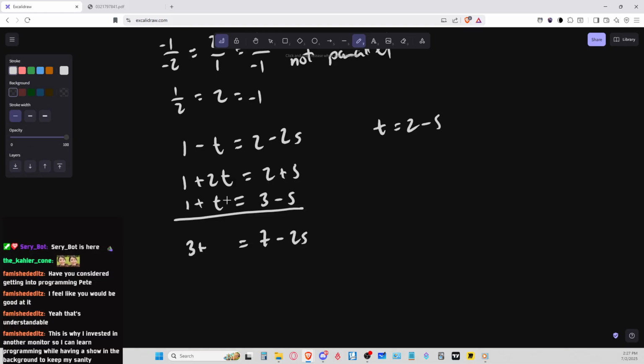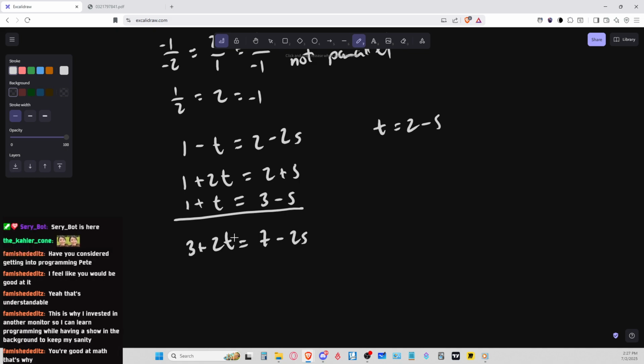I'm just playing with the math practically. This is why I invested in another monitor, so I can learn programming while having a show in the background to keep my sanity. I'm okay with math. I don't think I'm good at it. Not yet. Famish, I feel like you know more math than me, though.